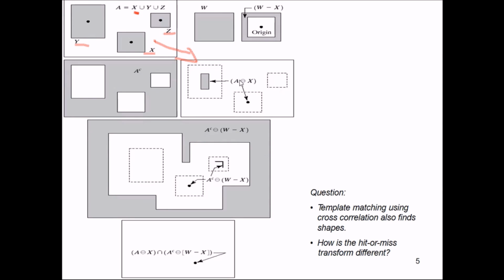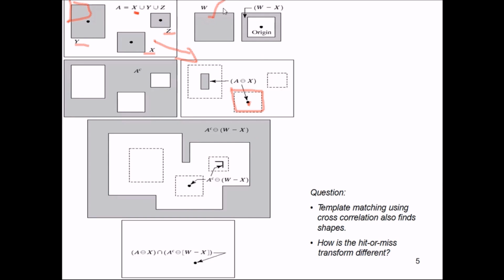This is the erosion result. Now this X fits here, no problem. If we erode it, we'll get a point, and X is going to be fitted here, no problem. But what about this area? X will fit here also. So we have to do something for that.